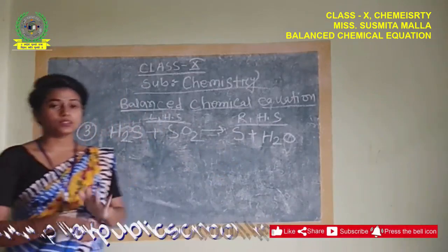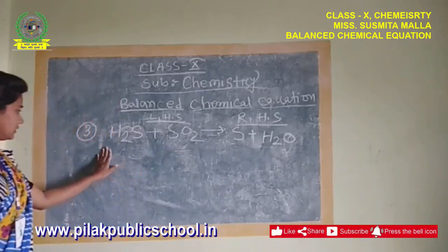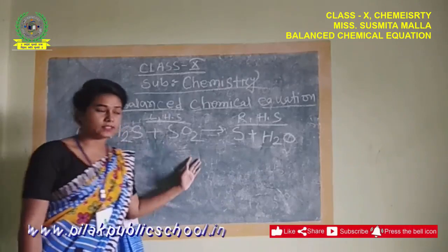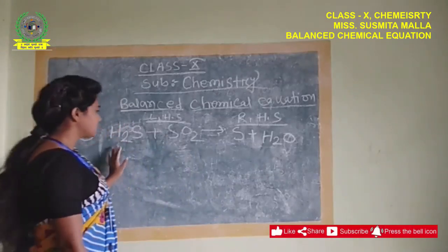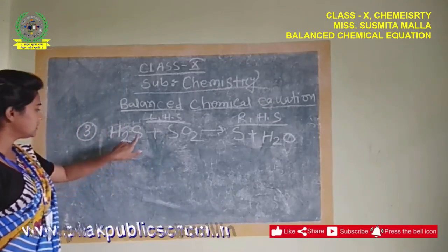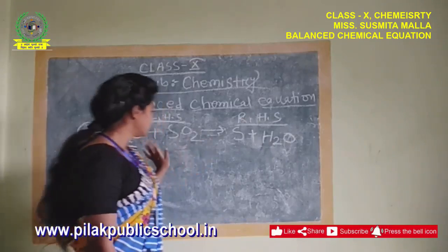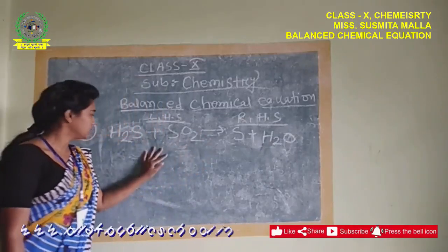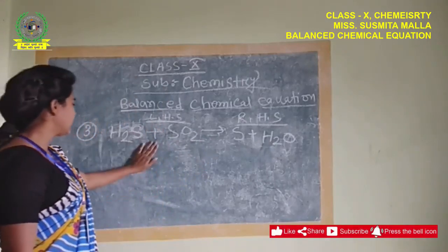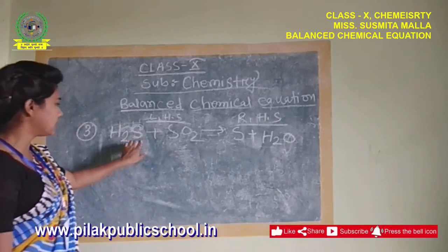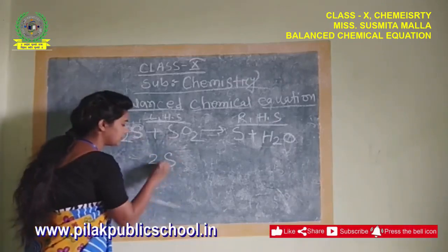First of all, we see whether there is any metal element. No, there is no metal element. Next step, non-metal elements. There is one non-metal element, which is sulfur. On the left hand side there is one sulfur and there is one sulfur, that means 2 molecules of sulfur.